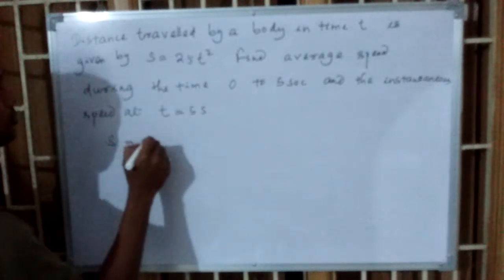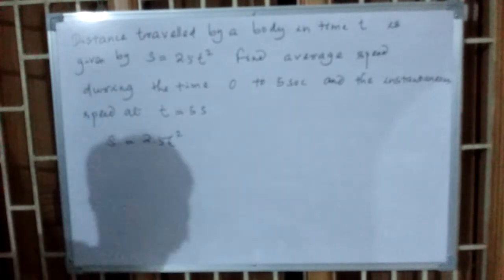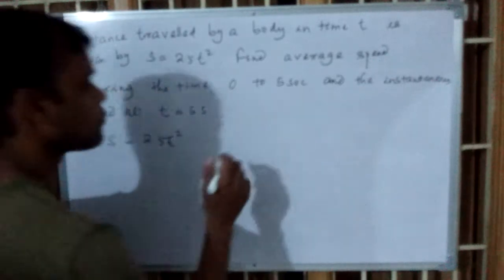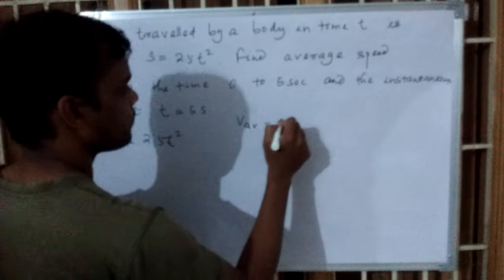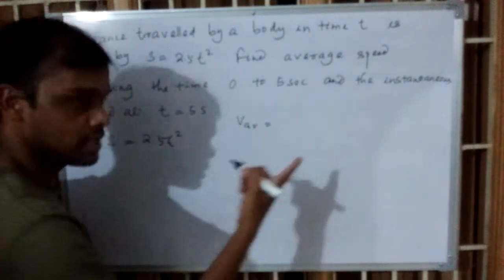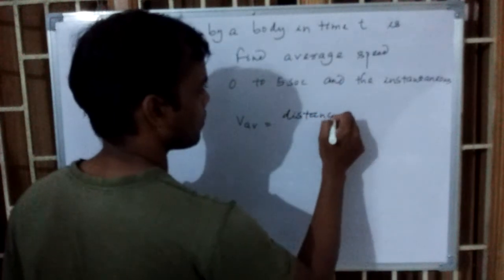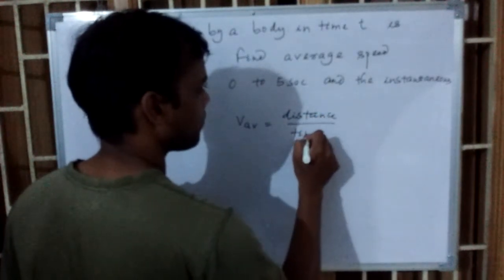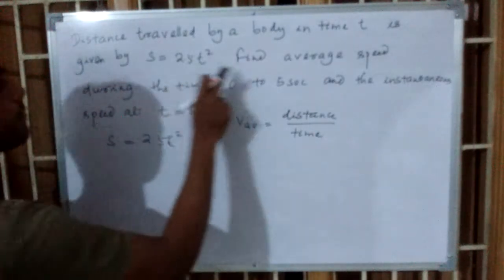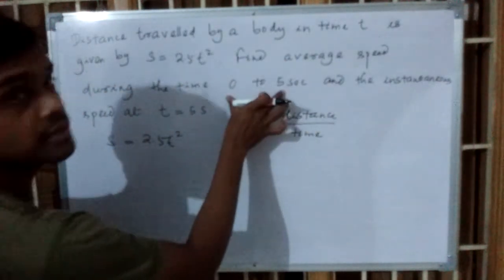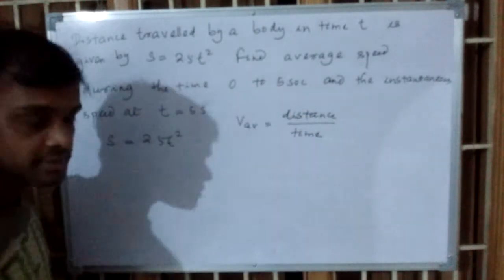S is equal to 2.5 t square. Average speed formula is nothing but V average is equal to total distance by time. Distance formula is given, but we have to find out the distance between 0 to 5 seconds.